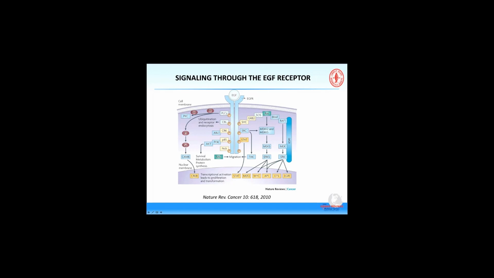What this does then, and this is another depiction of this process, this is EGF, and these are the two monomers of the EGF receptor in here, and then the P's are the different phosphorylated tyrosines. So what the different phosphorylated tyrosines do is they become docking sites for molecules that have activities of their own.